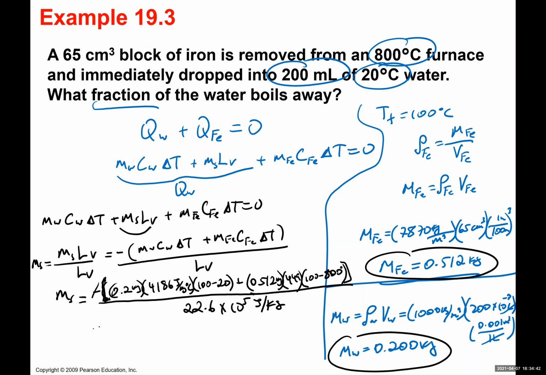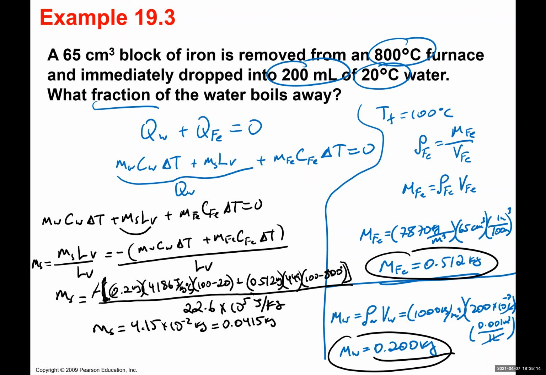Okay. So then if I solve for mass of the steam, we're going to get 4.15 times 10 to the negative 2 kilograms. And that's basically 0.0415 kilogram, and my total was 0.200 kilograms. So basically I have about 40 grams of the water now converted to steam.